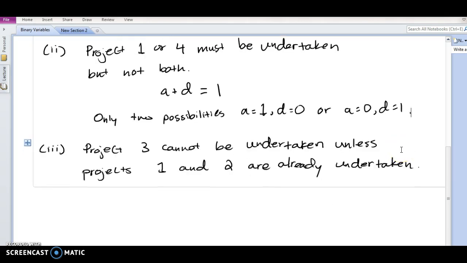Finally, question 3. Project 3 cannot be undertaken unless projects 1 and 2 are already undertaken. So this one we can do with just some inequalities. How can we do this one?